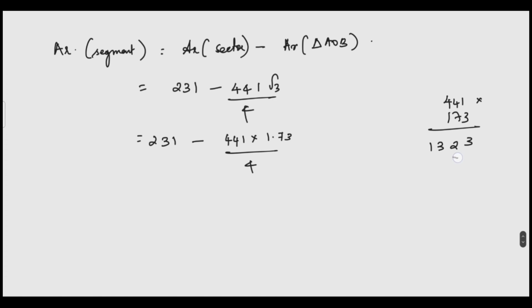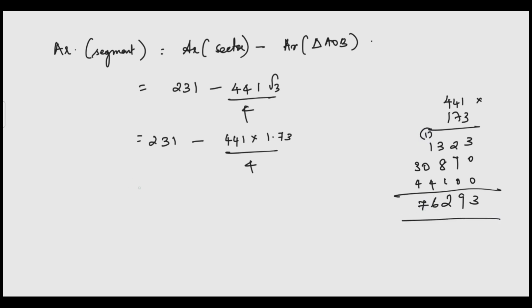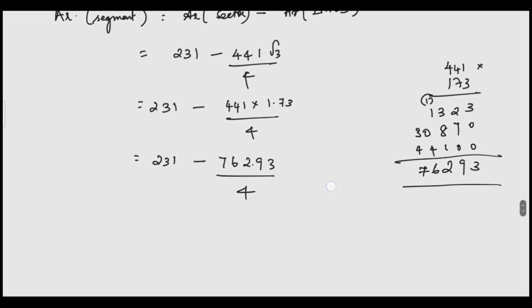Then multiplying by 7, 7 ones are 7, 7 fours are 28, 2 carry over, 7 fours are 28, plus 2 is 30. 441 into 1 is 441. Now adding them up, we get 231 minus 763.293, placing decimal points, divided by 4.